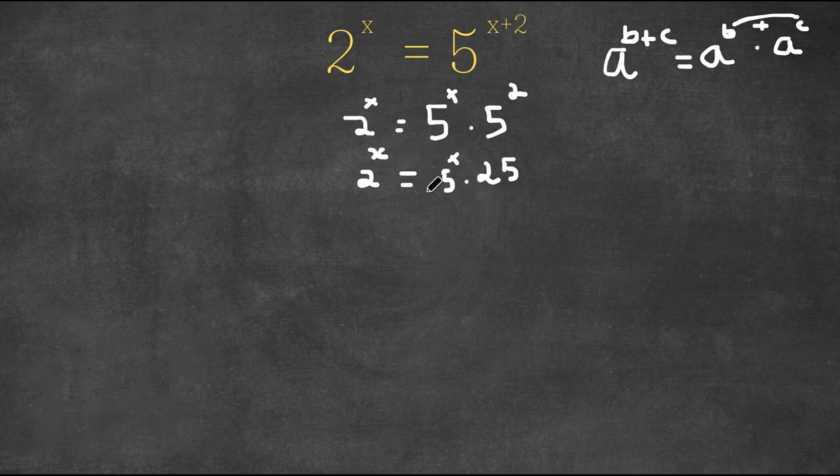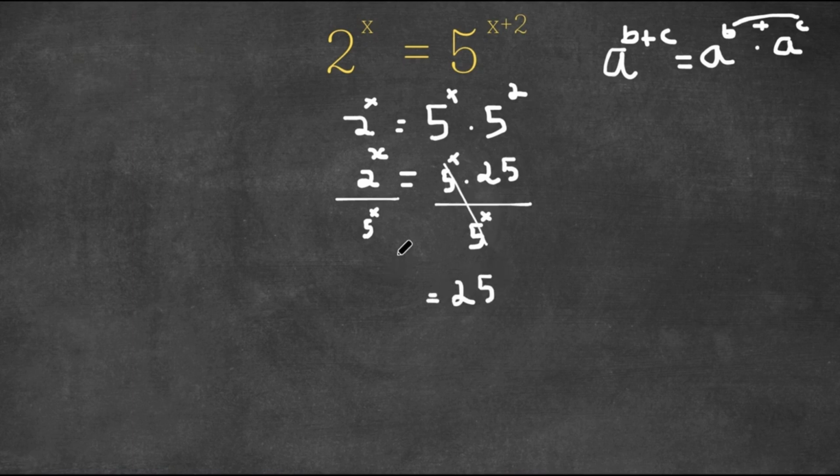Now what we're going to do is divide both sides by 5 to the power of x. So if we divide both sides by 5 to the power of x, well, for this side, these two will cancel out. So on our right-hand side, we'll just have 25.